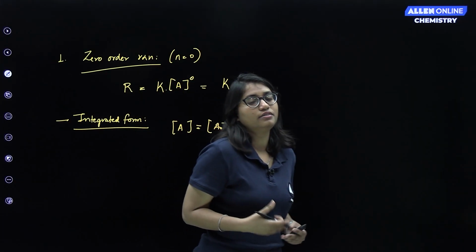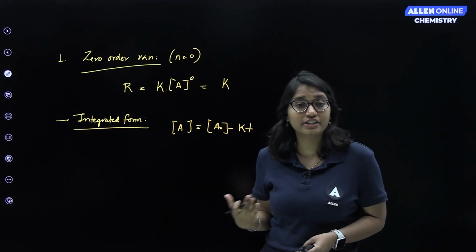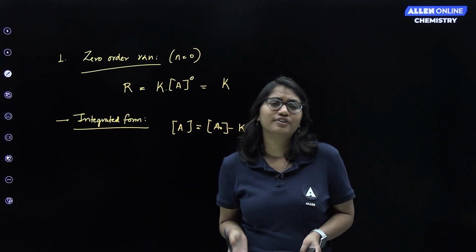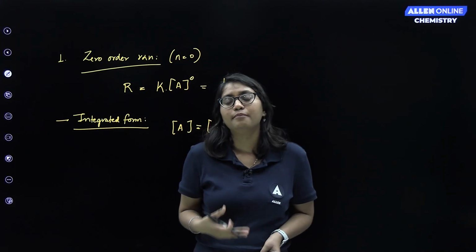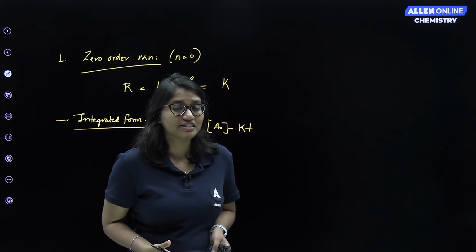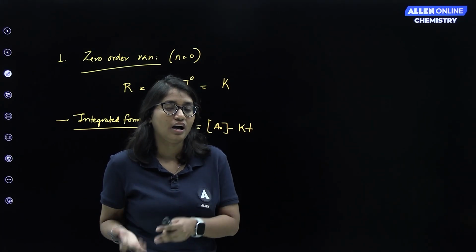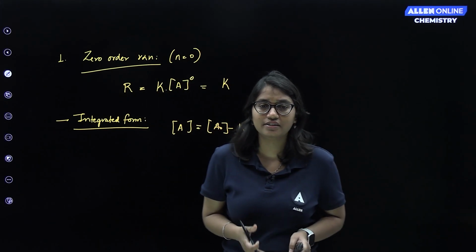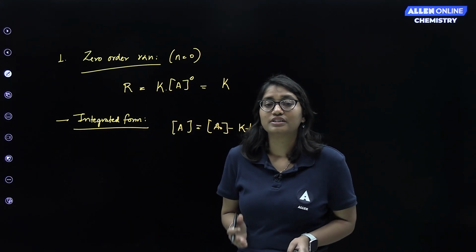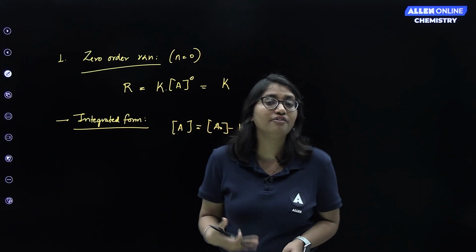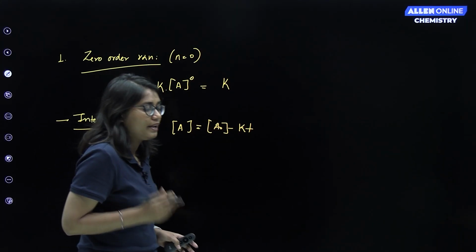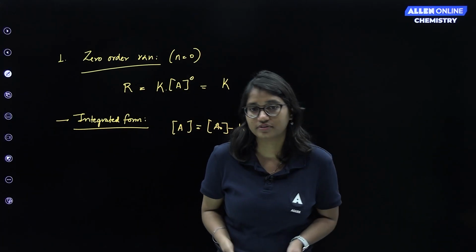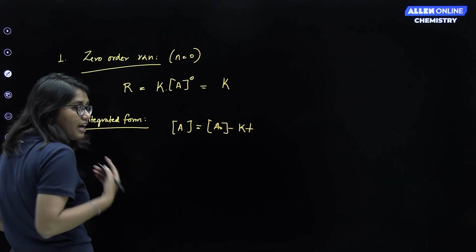Now let us understand half-life in zero order reaction. Half-life basically means the time required for consumption of A to its half value, or the time required for concentration of A to become half of its initial value.